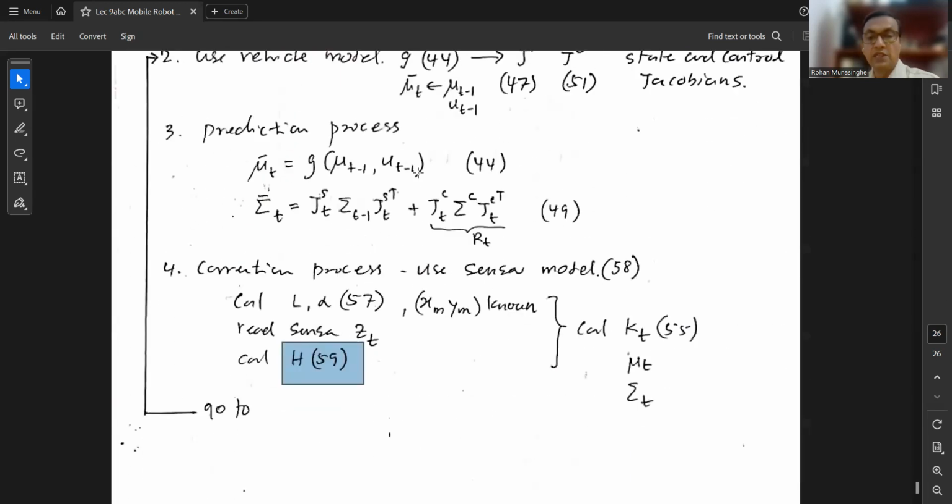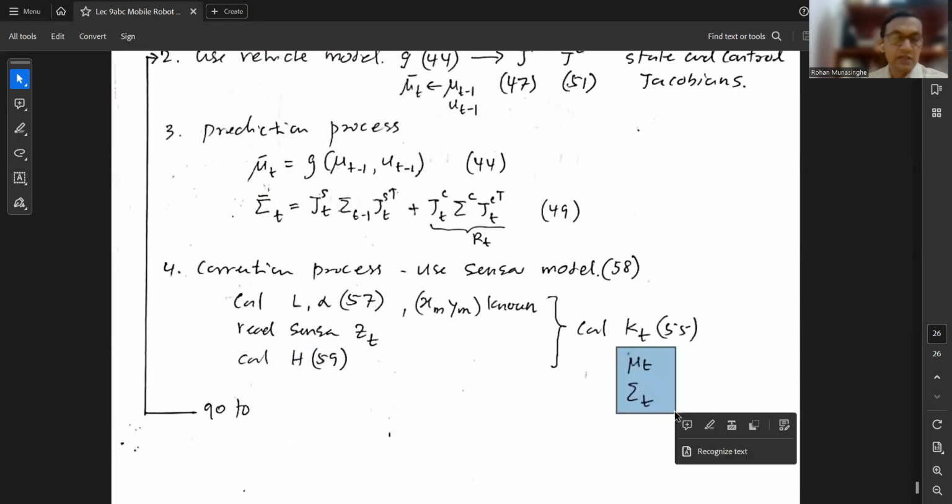Then you can calculate mu t, correct mu t, and correct the error covariance. So once you calculate mu and big sigma here, you have yet another probability distribution function. This is the third and last probability distribution function in one step, t minus 1 to t.